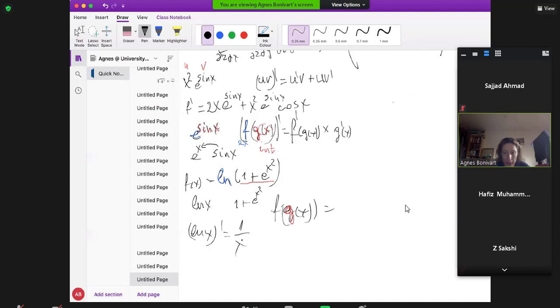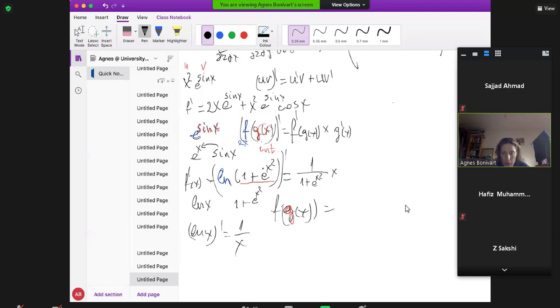Yes, so the derivative of this function is going to be 1 over 1 plus e to the x squared. We need g of x instead of just x, so we have 1 plus e to the power x squared. And now we need to multiply it by the derivative of the internal function.